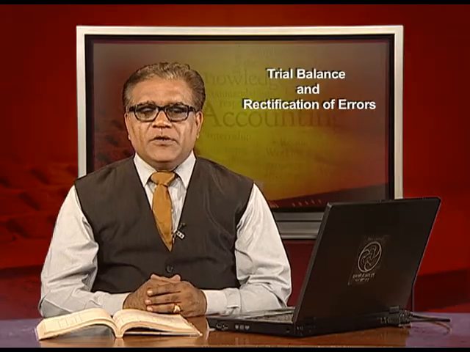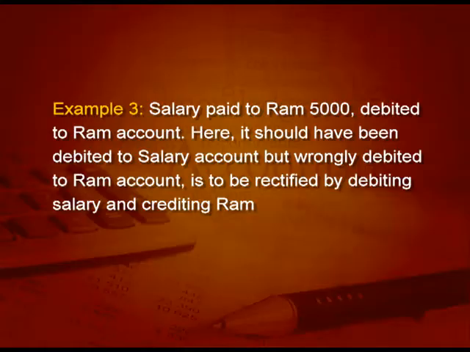Take another example of a double-sided error. Salary paid to Ram 5,000 debited to Ram account. Now, what is the right entry? Salary account debit and cash account credit. But what you have done is Ram account debit and cash account credit.